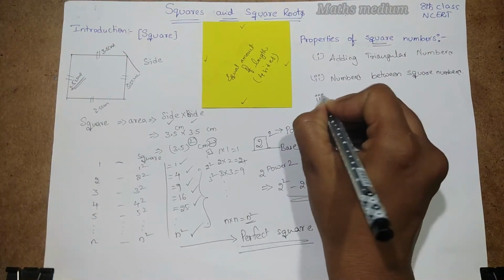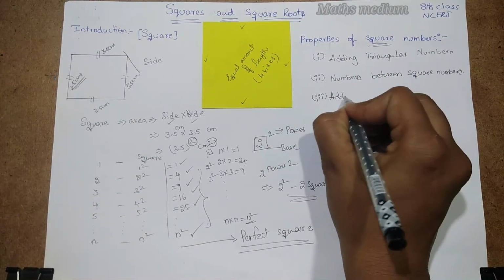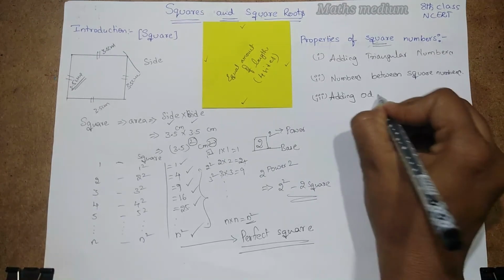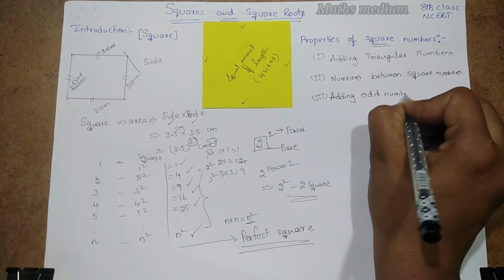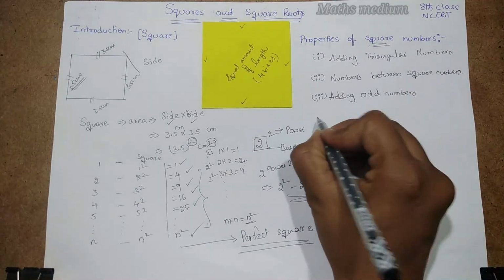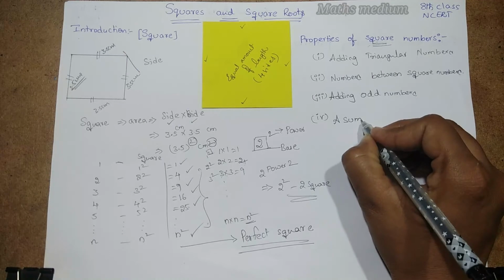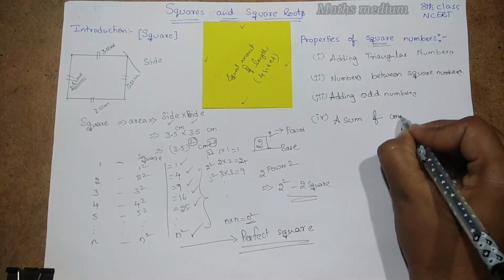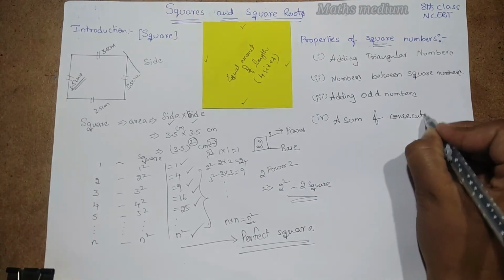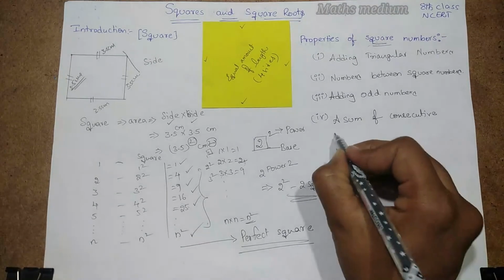Third one is adding odd numbers. Fourth one is the sum of consecutive natural numbers.